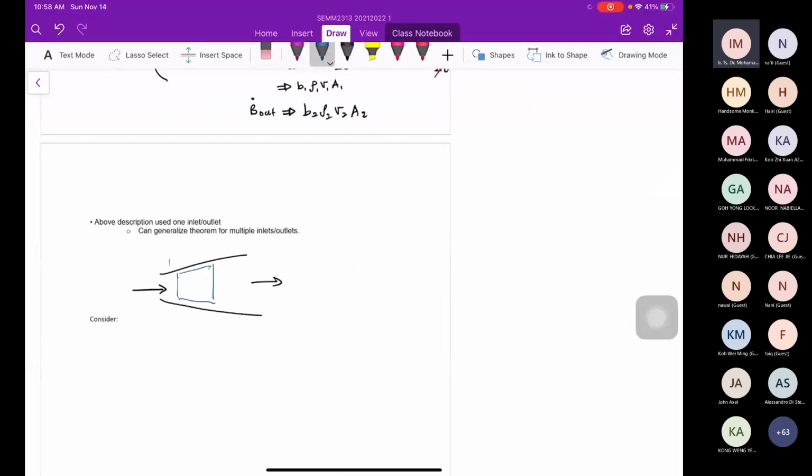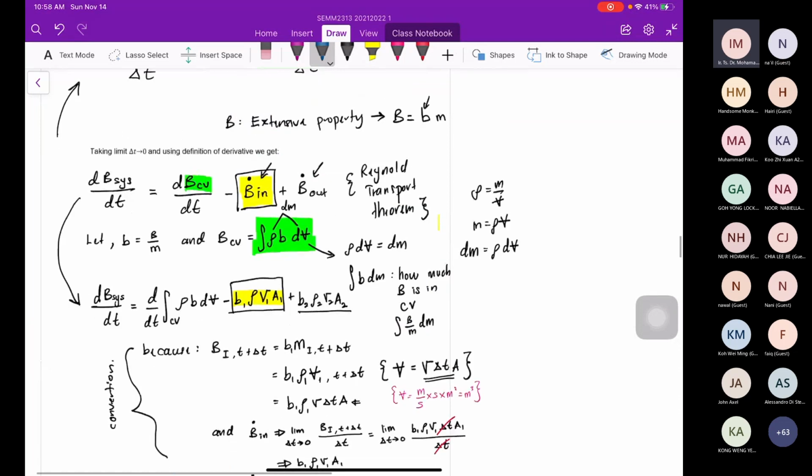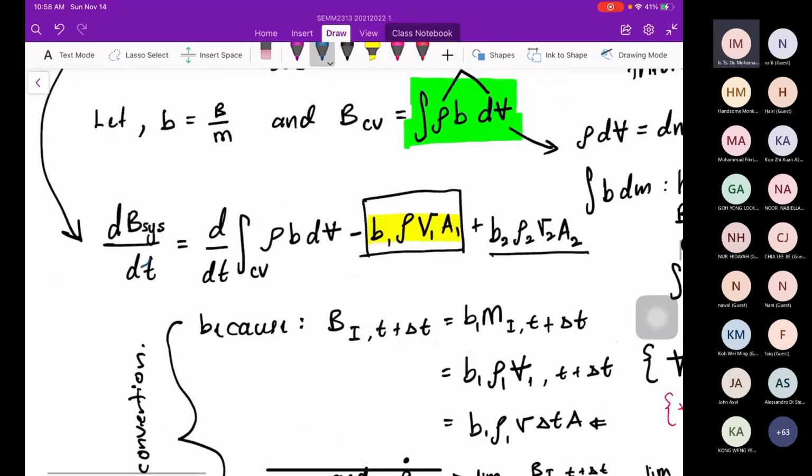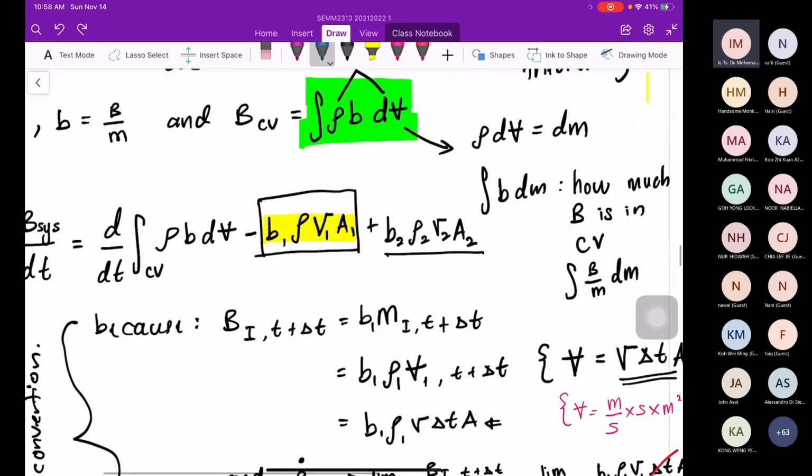This is region 1, this is 2. You can apply this equation directly. You can see the extensive property of the system, B system, equals the change of property inside the control volume minus the flow in plus the flow out of the control volume.